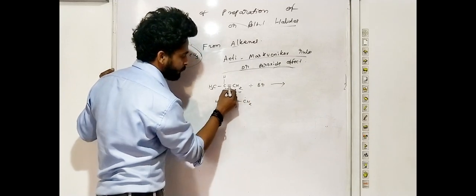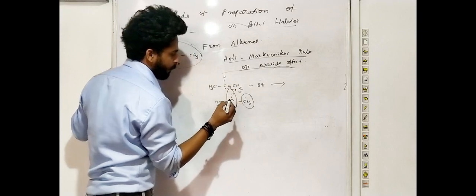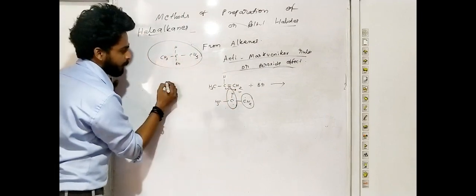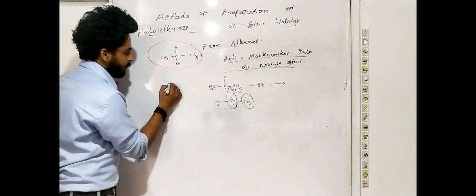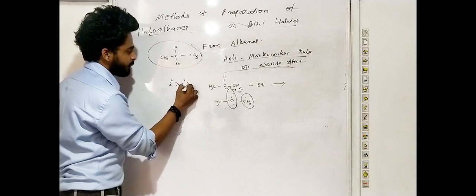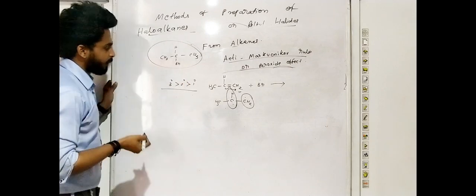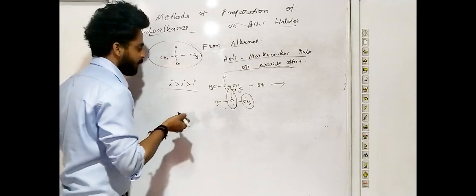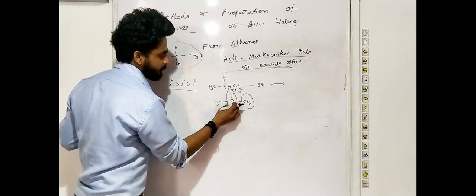Here you know that this is more stable than this one because we already discussed free radicals. In the case of free radicals also, the order is tertiary, secondary, primary. So a tertiary free radical is more stable than a secondary one. Here it is secondary and this is primary.